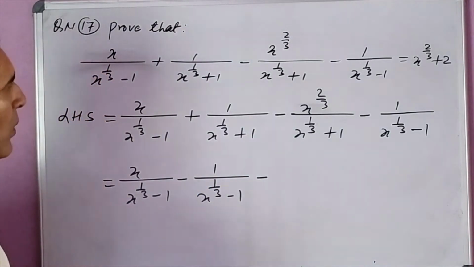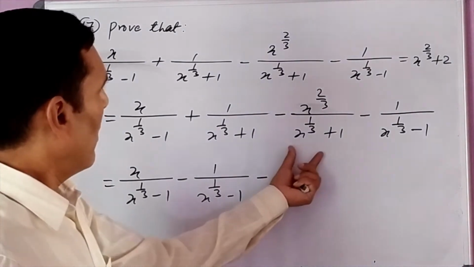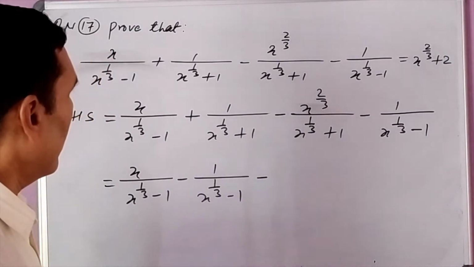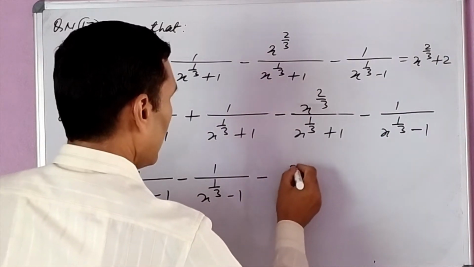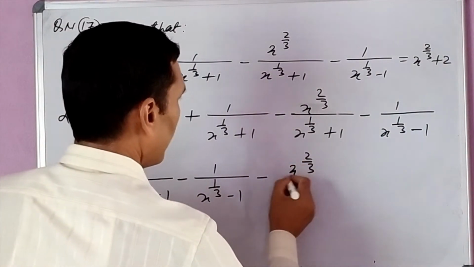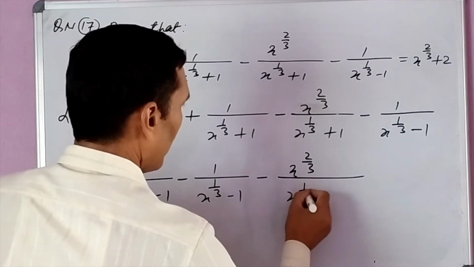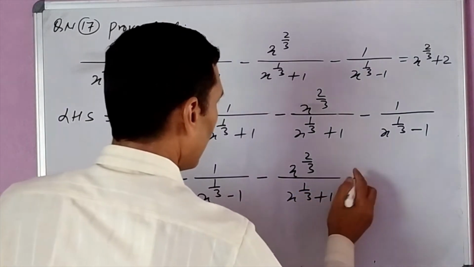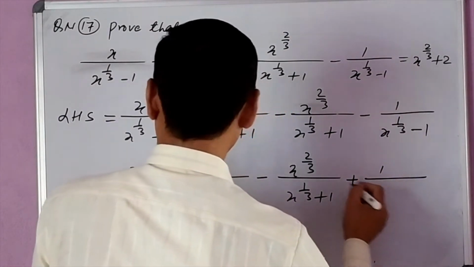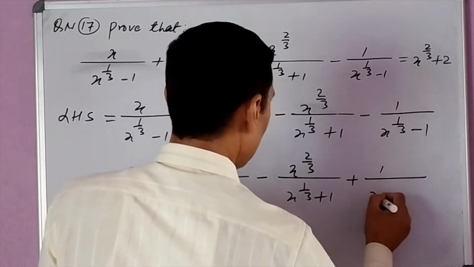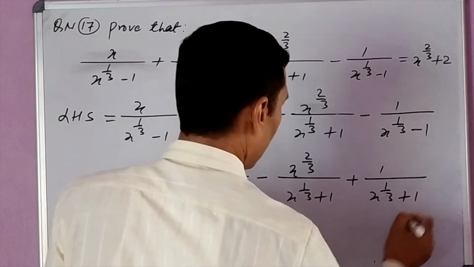But to keep the terms in order, we write this third term first: x to the power 2 by 3 upon x to the power 1 by 3 plus 1, and then the second term, 1 upon x to the power 1 by 3 plus 1.